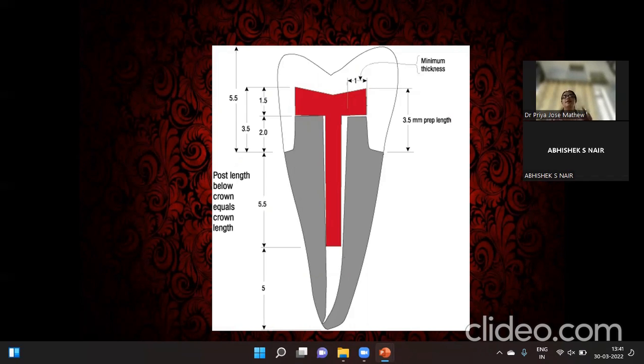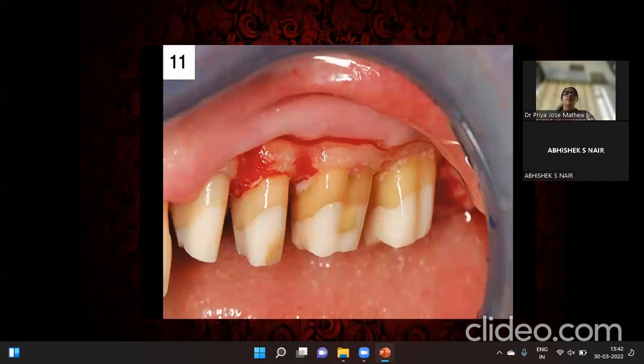It has a weak structure. So whenever the patient tries to bite the food, this will fracture. So this is what a tooth with a good ferrule and restoration and a post and core looks like, or here a core window.